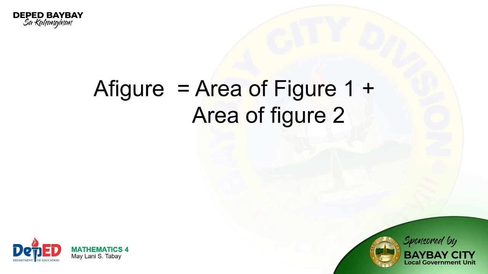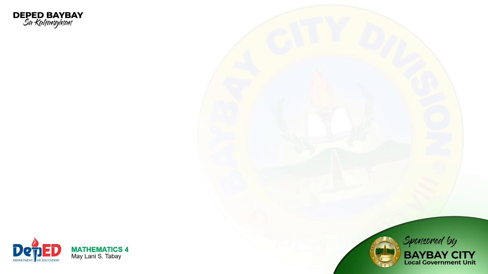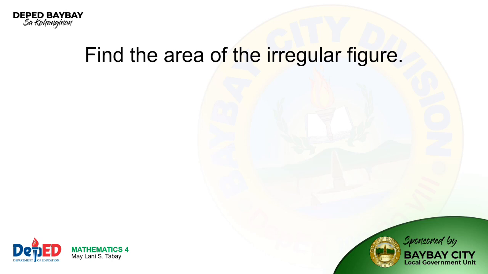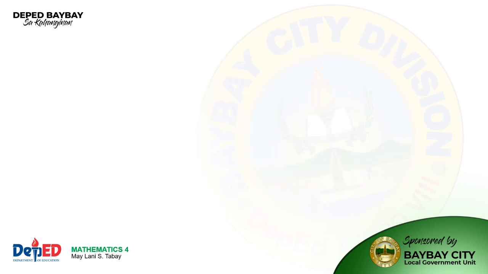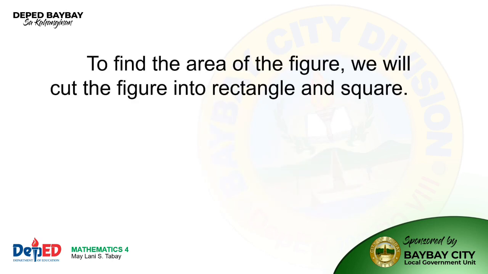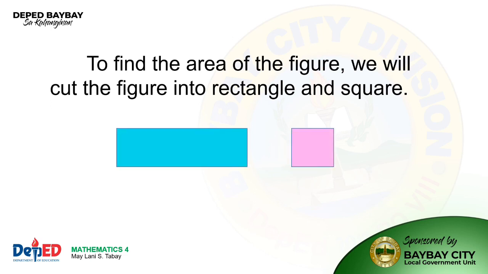Let us examine example number 1. Find the area of the irregular figure. To find the area of the figure, we will cut the figure into a rectangle and a square. Then, we find the area of the rectangle like this.